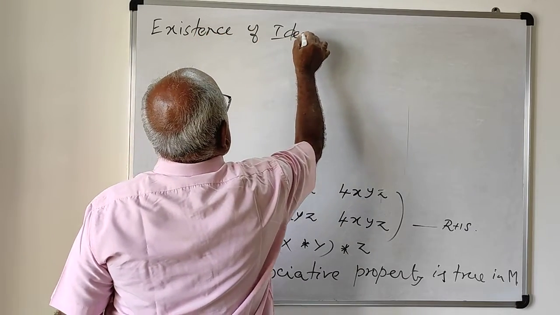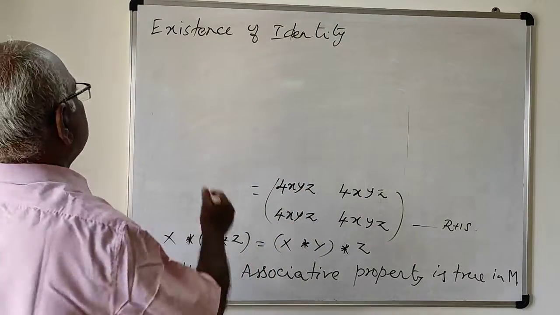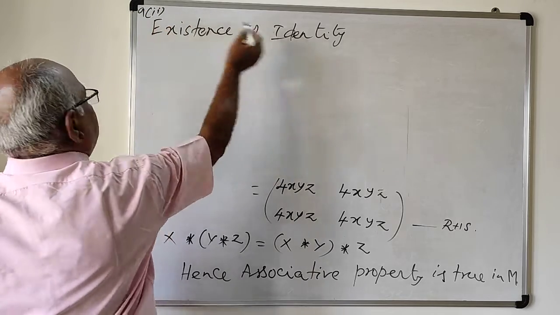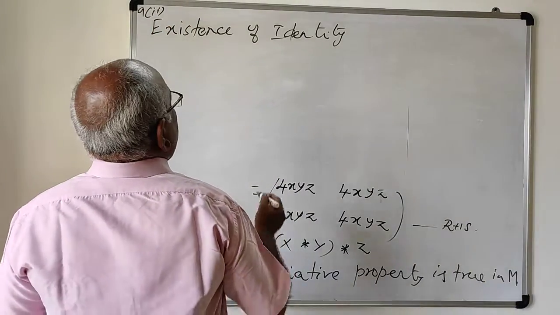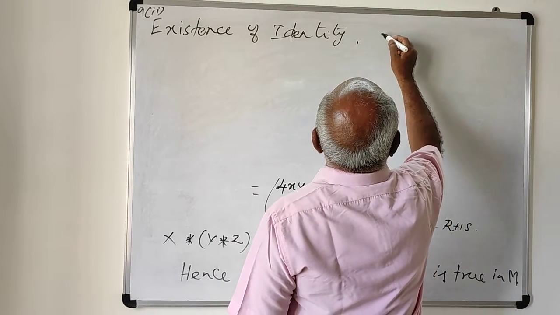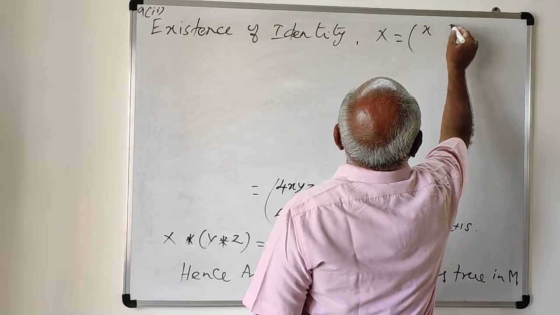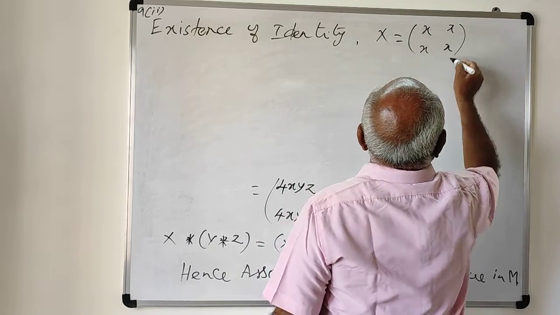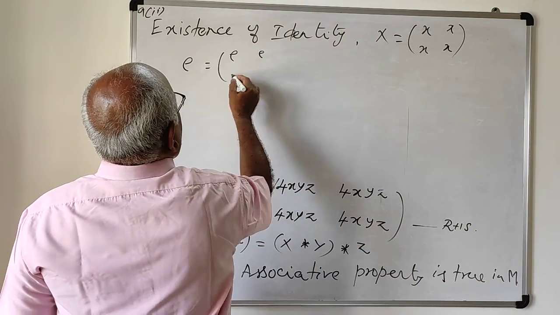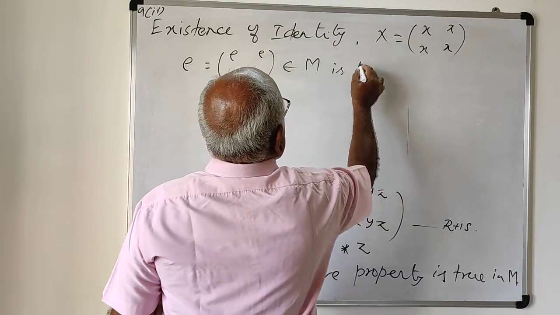This is the ninth problem, second subdivision. Existence of identity. For a matrix X, we can find a matrix E, the element E which belongs to M, which is the identity matrix.